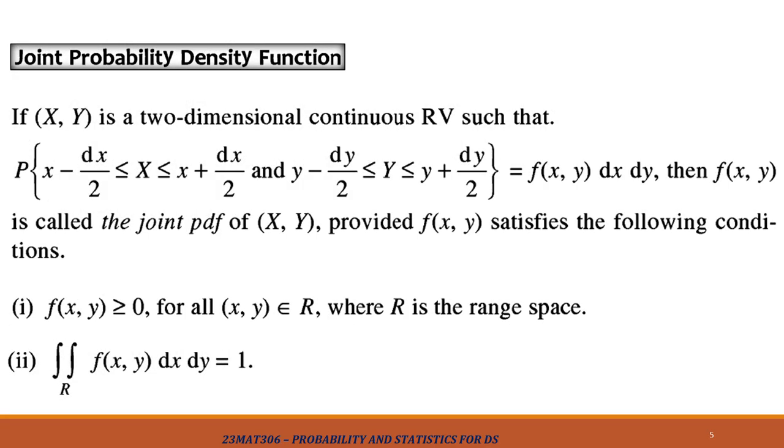This slide shows the joint probability density function. This is for continuous random variables, where we take continuous values of x and y. The joint probability density function is given with two conditions: the function value is always non-negative, that is greater than or equal to 0, and the total integral is always equal to 1.